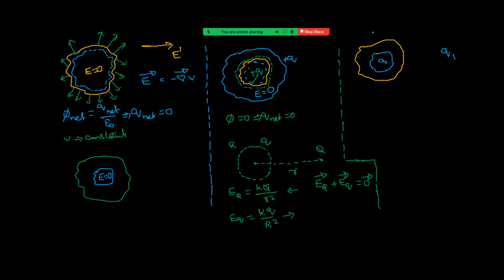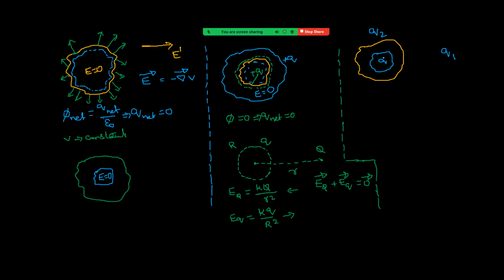And there is some charge on the surface of the conductor, Q2. So there is a charge Q1 outside, charge Q2 on the surface of the conductor, and charge Q in the cavity. So here what we are saying is the resultant of electric field due to Q1 and Q2 will be 0 inside the cavity.